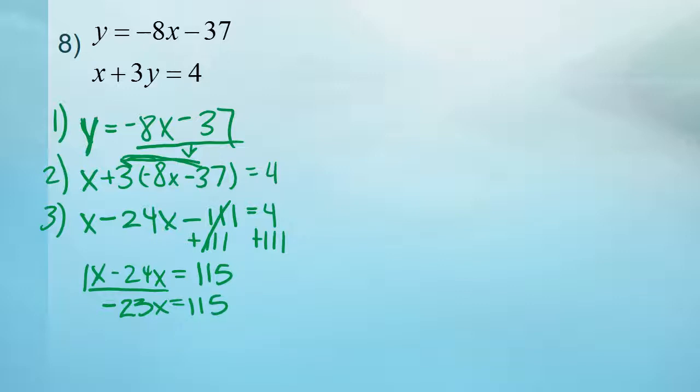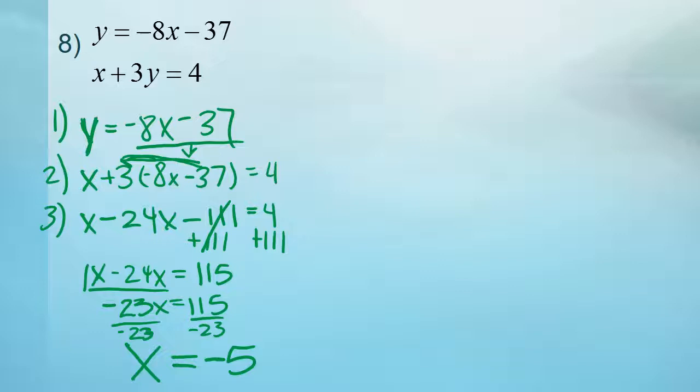Definitely need your calculators here, I'm assuming. I'm going to divide both sides by that negative 23. And I end up with x is equal to, positive divided by a negative is a negative, it turns out to be a really nice, easy number of negative 5.